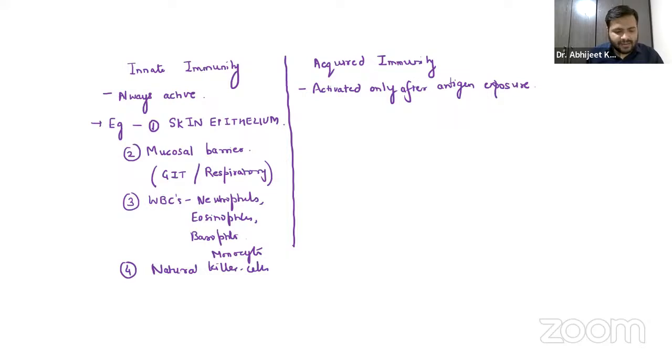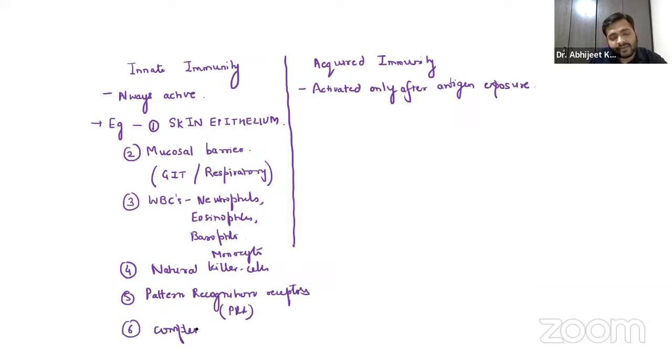So that is something that you have to remember. And we have the pattern recognition receptors, PRR, and the complement system over here. We'll be discussing the complement system.